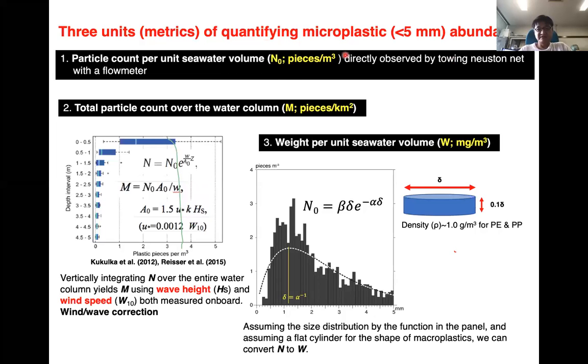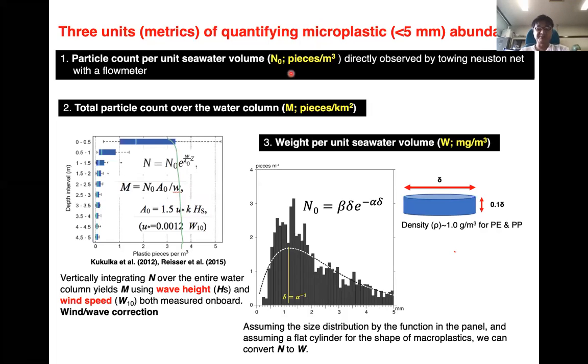However, this abundance is very, very sensitive to oceanic conditions, such as wave or windy conditions, because wave and windy conditions make oceanic turbulence, which makes the microplastic distribution vertically homogeneous.